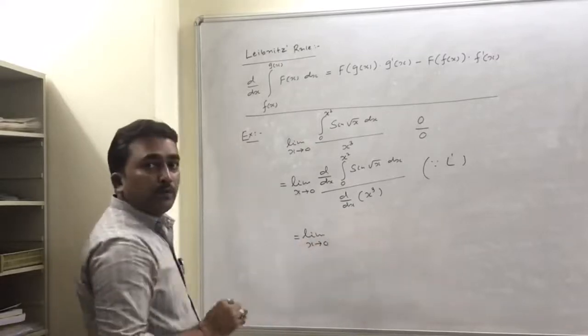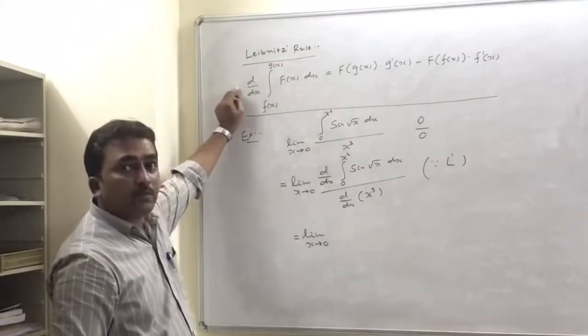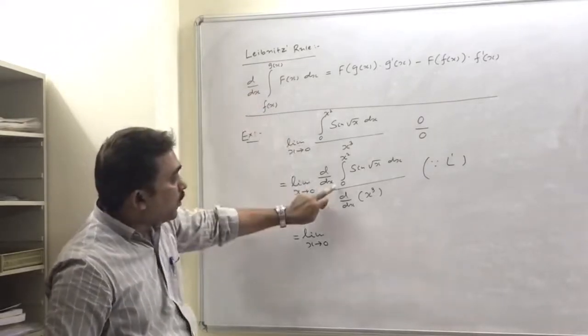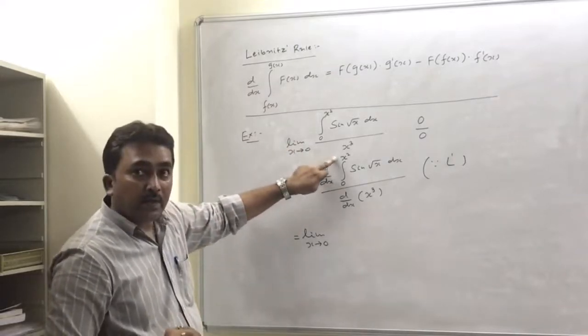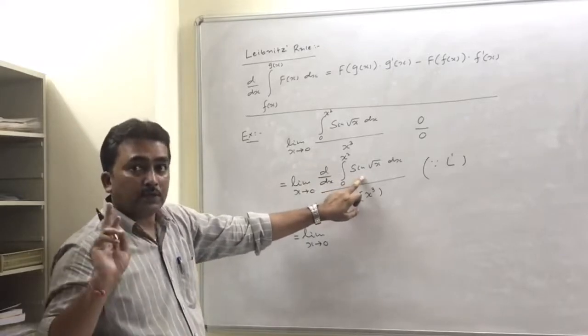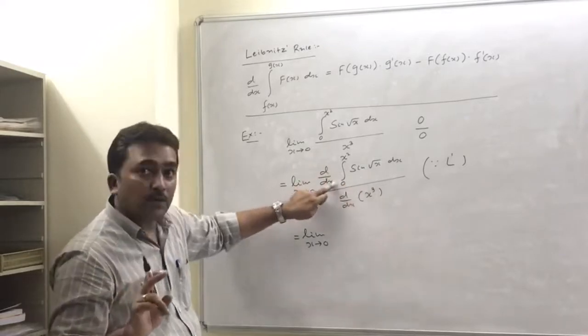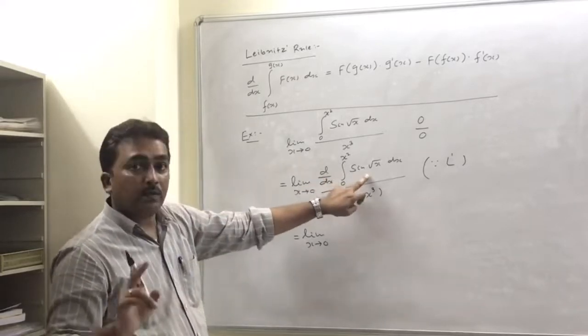Now here we have to apply the Leibniz rule. Small f(x) is 0, small g(x) is x square, and capital F(x) is sine root x.